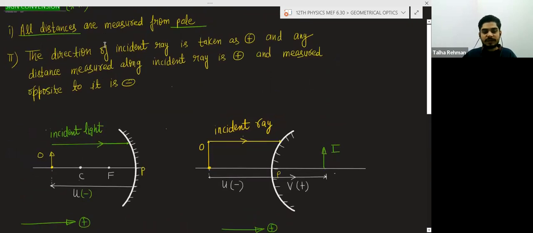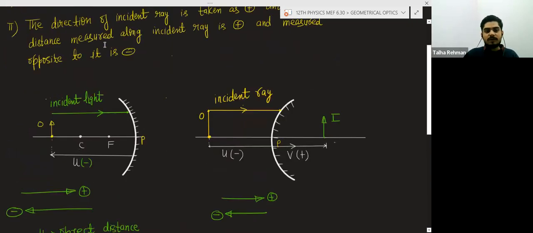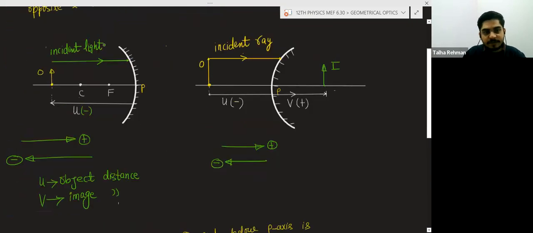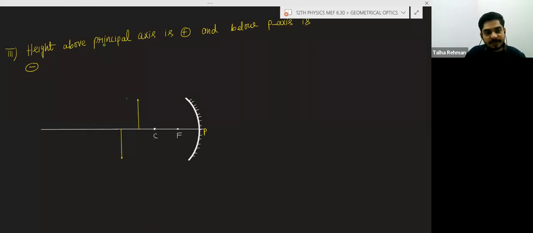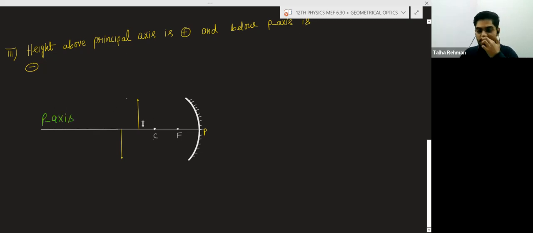Second, third and last point. If this is the principal axis, P axis means principal axis, then if you measure the height above the principal axis, you will take that height positive, and height below the principal axis you will take negative.